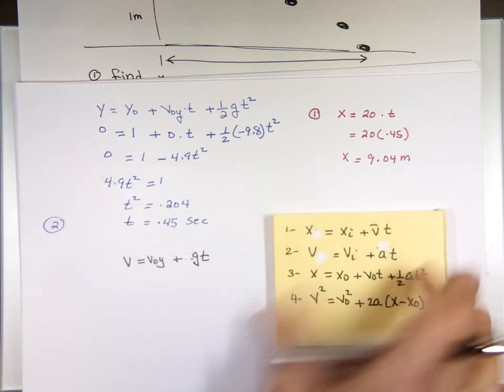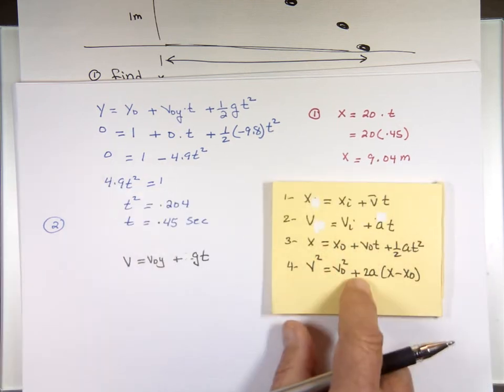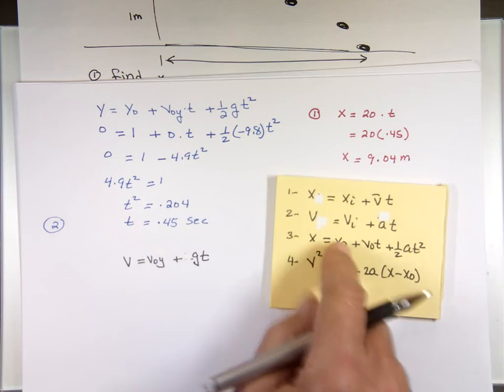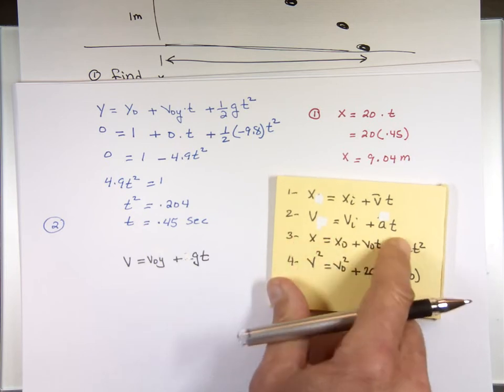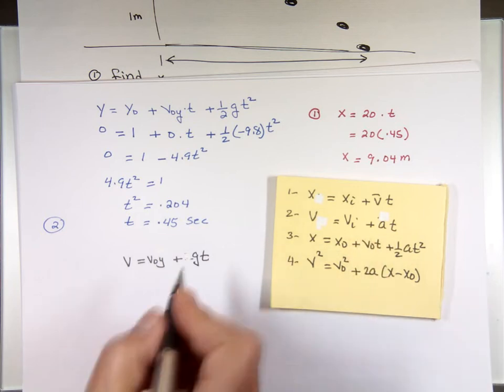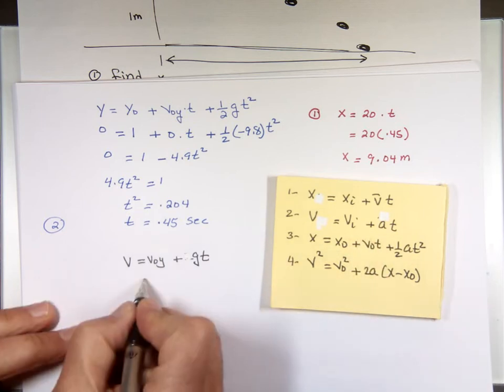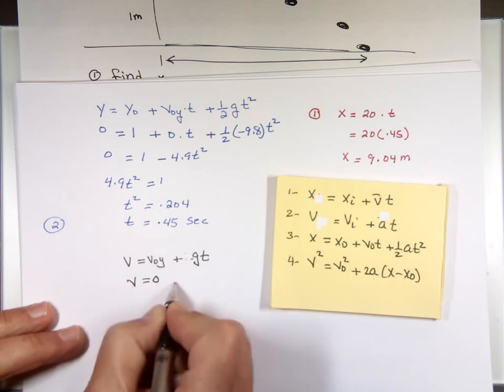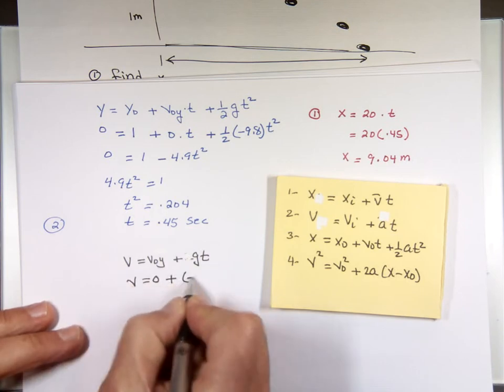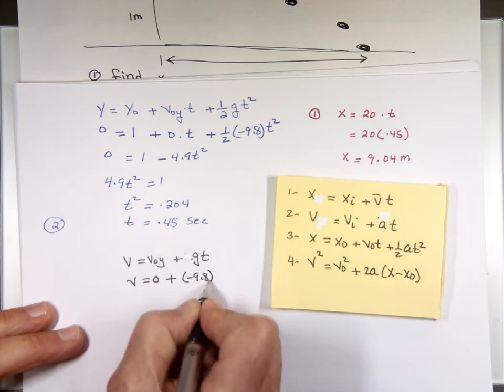I start to write V equals V0, not squared, plus A times T. A is G here in the y direction. In the y direction, the initial velocity is 0. Negative 9.8 times 0.45.